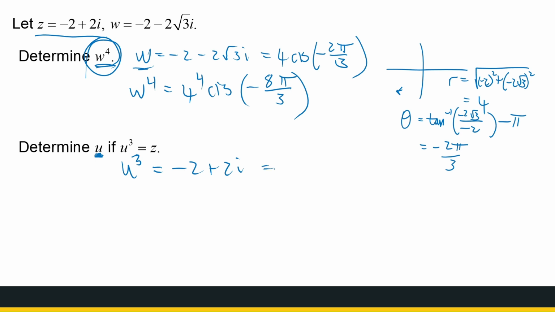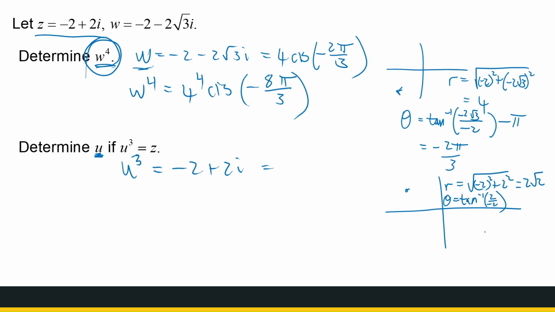But the first step, change it to polar form. That now is in the second quadrant. Our r value is the root of minus 2 squared plus 2 squared, so it's the root of 8 or 2 root 2, whichever you prefer. And our theta, to get to theta in the second quadrant, it's arctan of b over a, so it's 2 over minus 2.